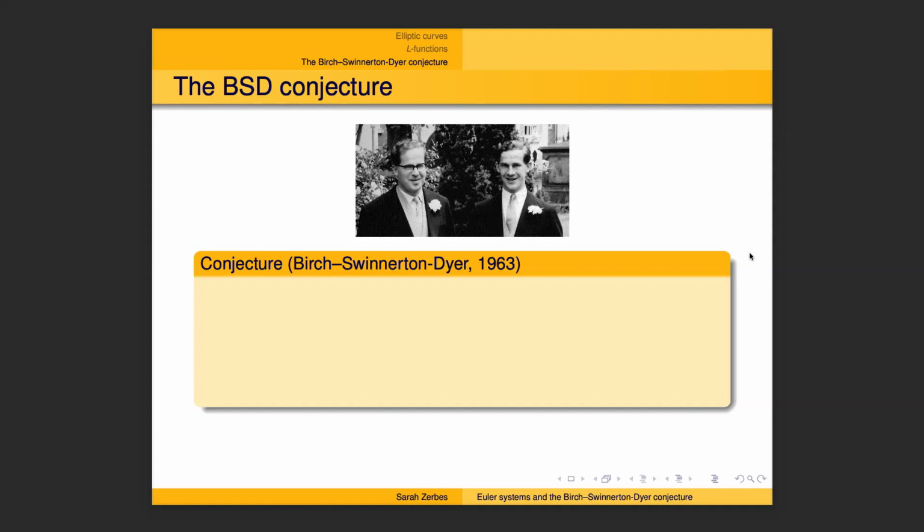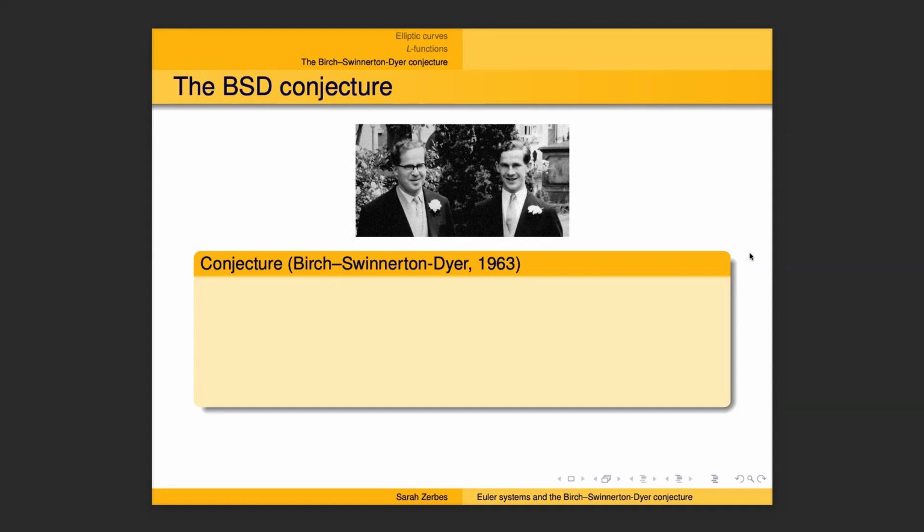And Birch and Swinnerton-Dyer had to apply for time to actually be allowed to run the experiments. And Birch actually told a very nice story. They were allocated time during the night because mathematics was low on the list of priorities for using a computer. And there was a young female computer assistant who helped them with the experiments. And Birch comments, we had a lot of time to get to know each other during these nights. We got married 2 years later. So, well, there you go.